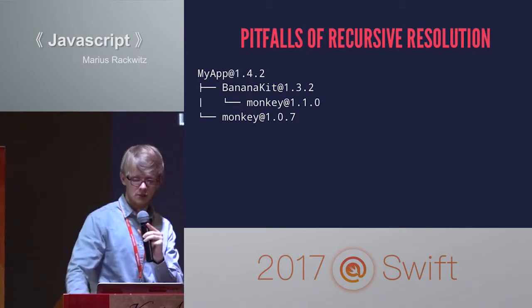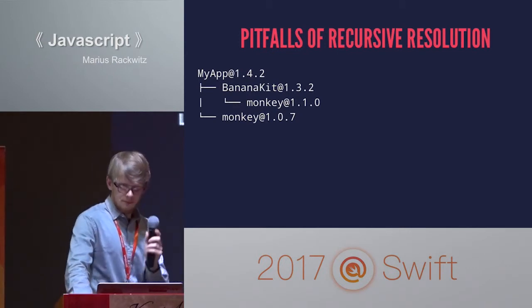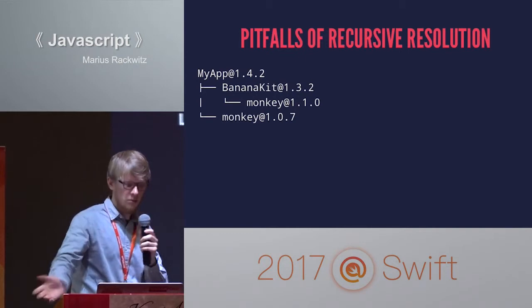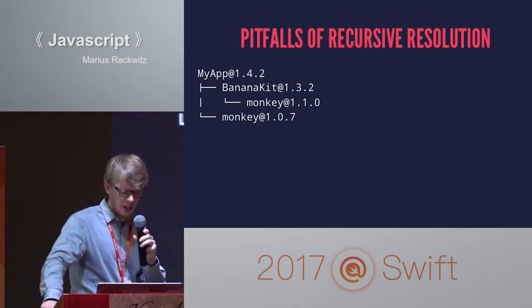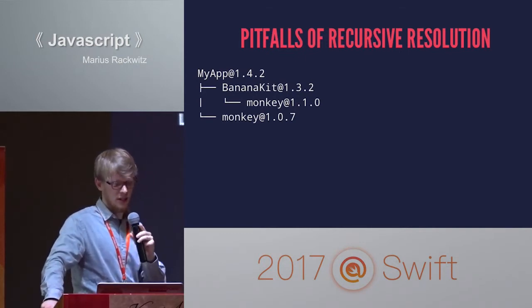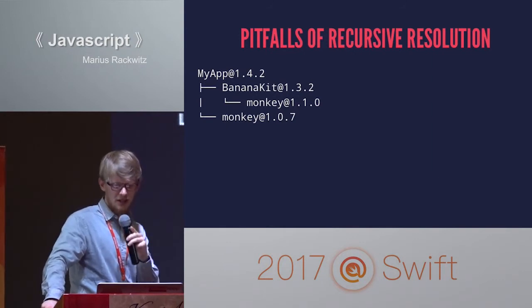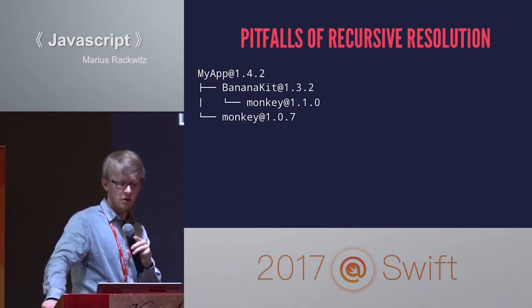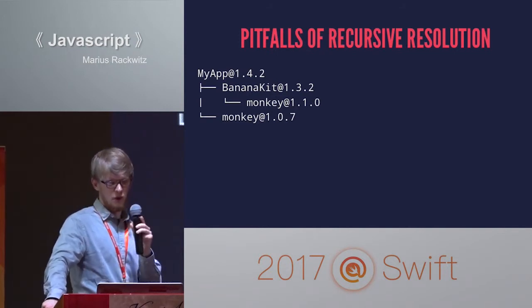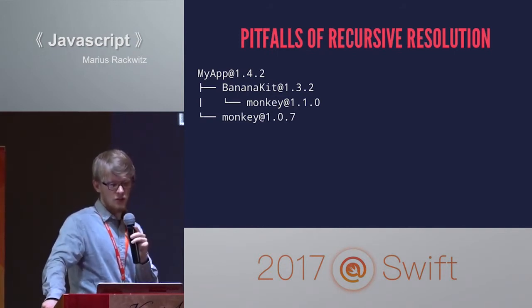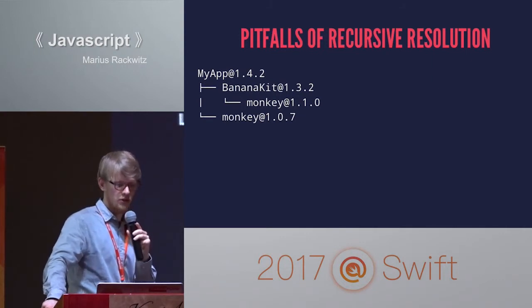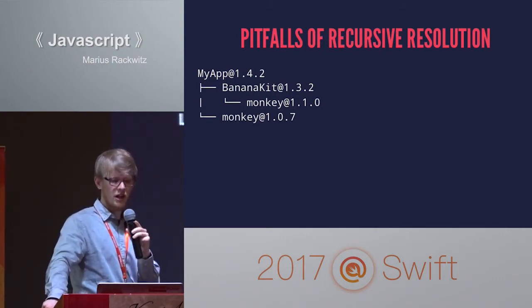Let's take a look at this example here. We have our app, and it has dependencies to BananaKit and Monkey. BananaKit itself depends also on Monkey, but on a newer version of it, 1.1.0, and we just depend on the older version, which doesn't necessarily have some features.